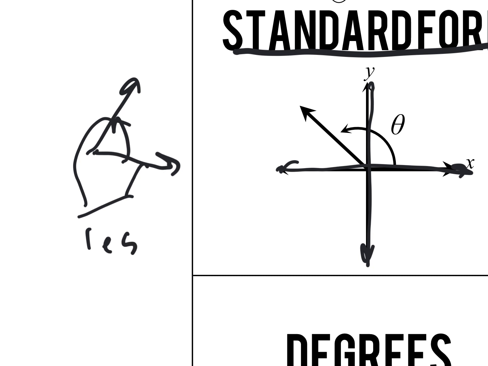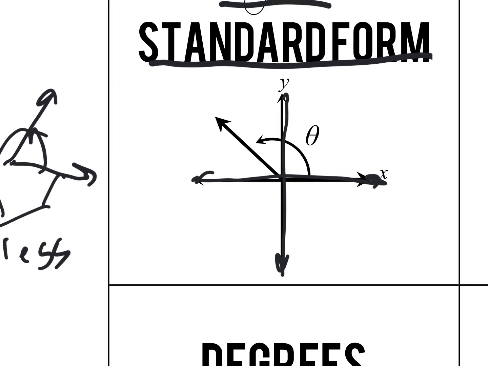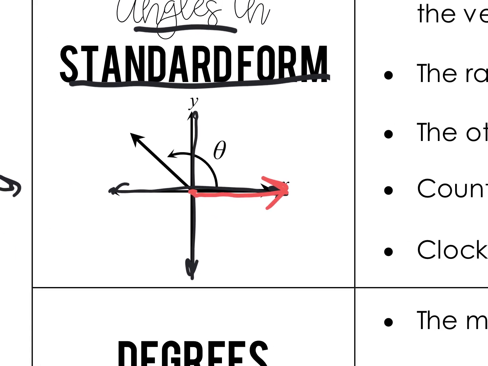Remember that? Legs of an angle. And the legs can go together or they can go apart. So I want you to envision that one of your legs is always laying on the x-axis, the positive x's. That's called an initial side.